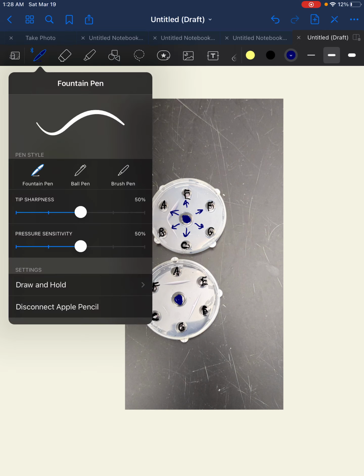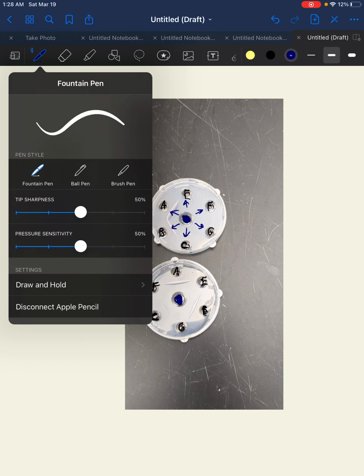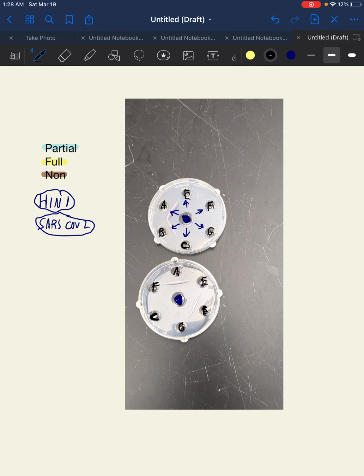Now, for example, our petri dish had H1N1 and SARS-CoV-2. So, as this antibody reaches each of these wells, precipitate would only form for either H1N1 or SARS-CoV-2, depending on what antibody we use.